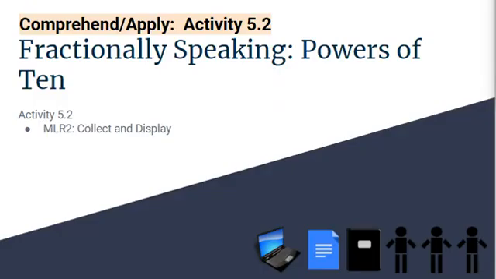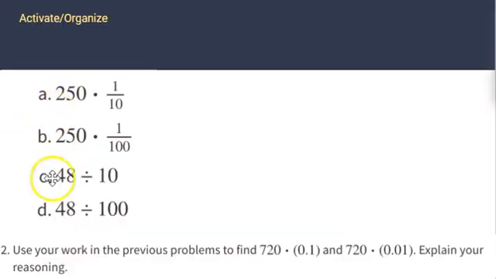All right, now let's look at some powers of 10 with some fractions. Take a look at all of these. What would be the product of each of these? Yeah, 250 times 1/10 would get us 25 and 0/10, or you think of it as just 25, right?